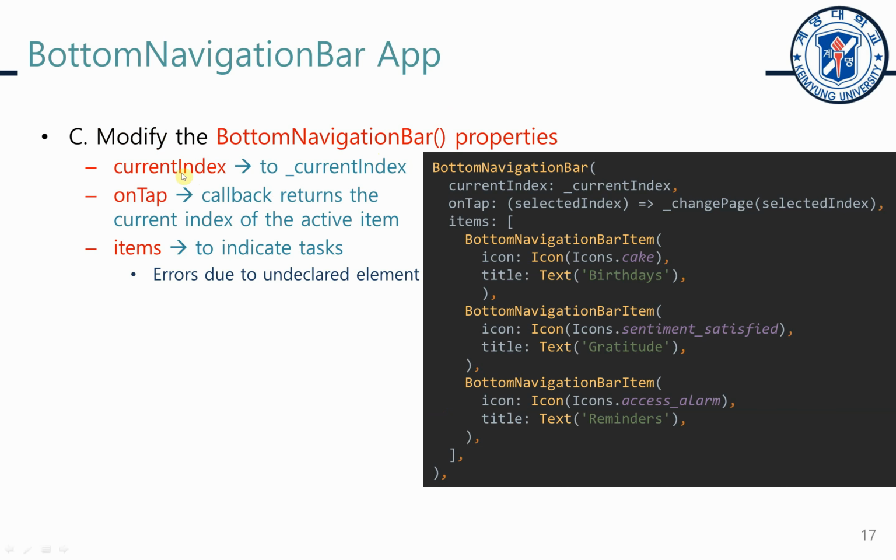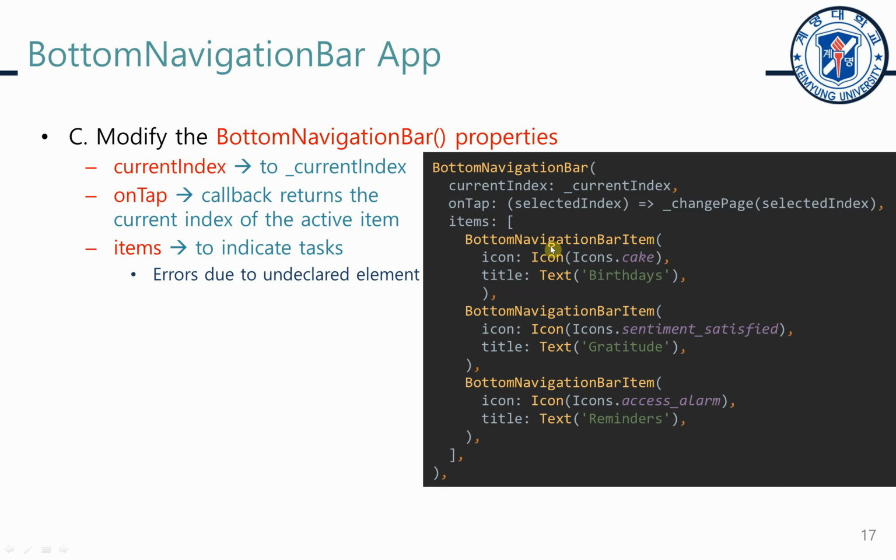The current index shows us the current page. Later we will see how it is used. This is similar to the radio widget that we have seen earlier. So it has three properties: the current index, the on tap, and the items. The items are just a list of widgets.